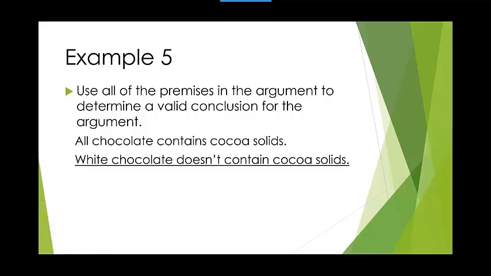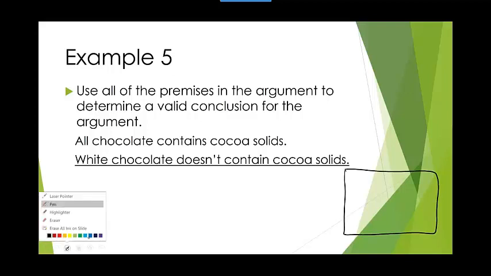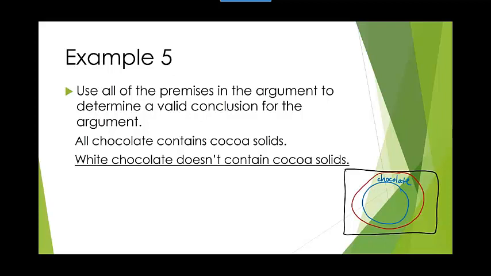So let's draw the picture of this and try to figure out from the picture a good conclusion here. The first sentence is that all chocolate has cocoa solids. So we've got chocolate. I did not plan my picture well here. All chocolate is inside the bigger circle of being a food which contains cocoa solids. So that's the first sentence.